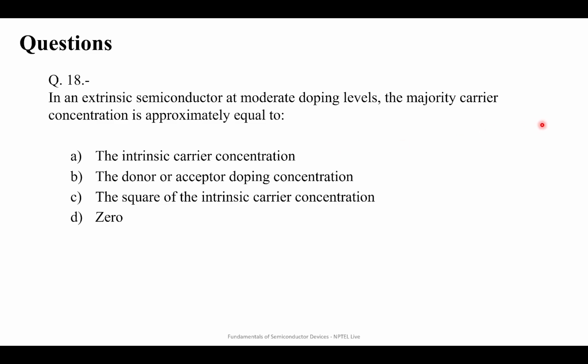Next question: in an extrinsic semiconductor at moderate doping levels, the majority carrier concentration is approximately equal to the intrinsic carrier concentration, the donor or acceptor doping concentration, the square of the intrinsic carrier concentration, or zero.